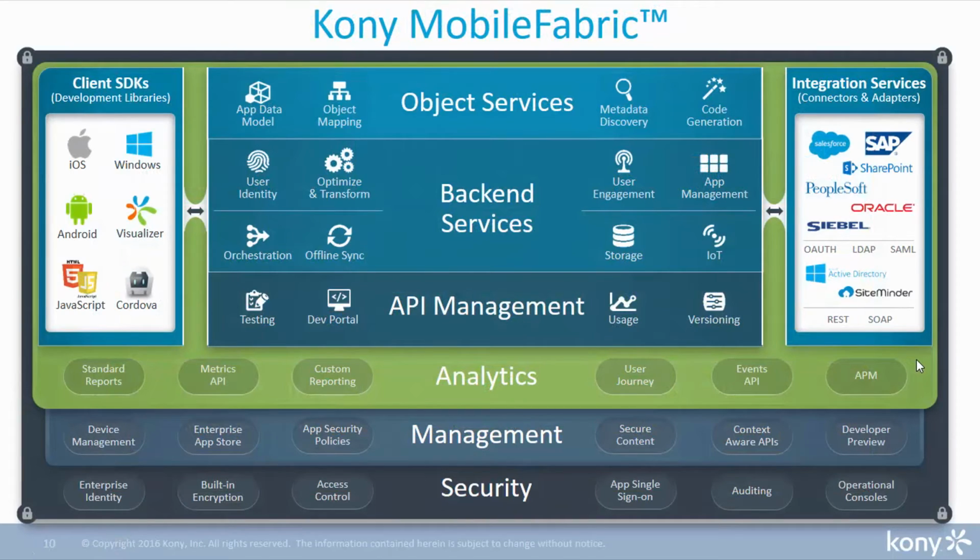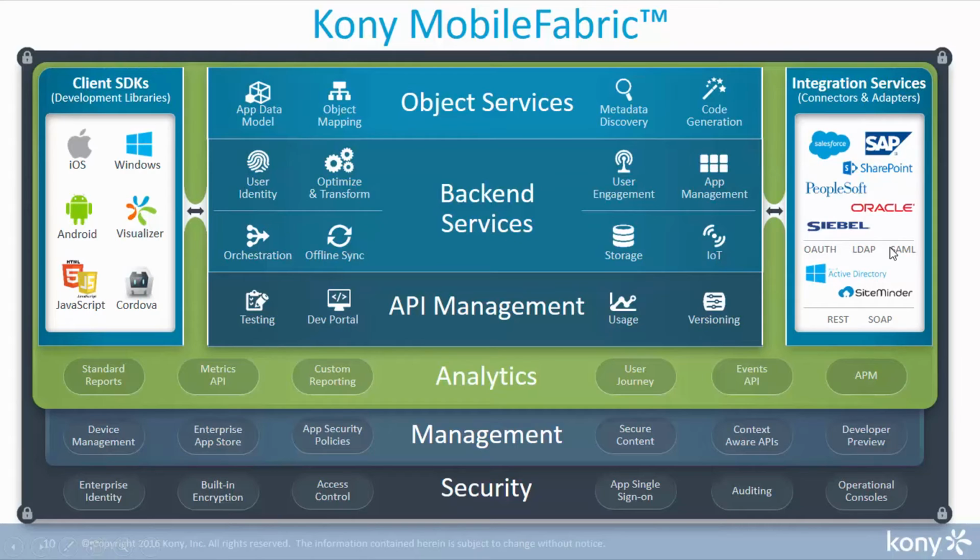So Mobile Fabric is the middleware handling all the API management, analytics, security, integration, and object services. It handles the data and service components between the actual mobile device and the back-end services, as you can see here on the right, from Salesforce, SAP, SharePoint, all the way through to OAuth type Active Directory integration as well.